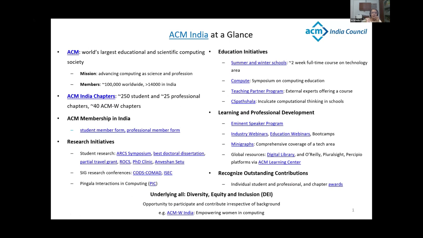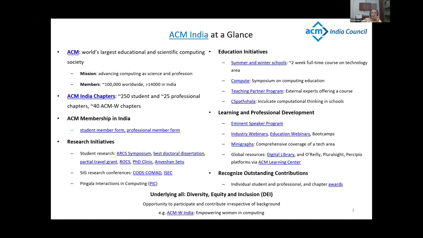And there are new things like the ROCKS event, which tells you about research in computer science, and the PhD clinic event, where people from industry as well as educational institutions will be interacting with you one-on-one.